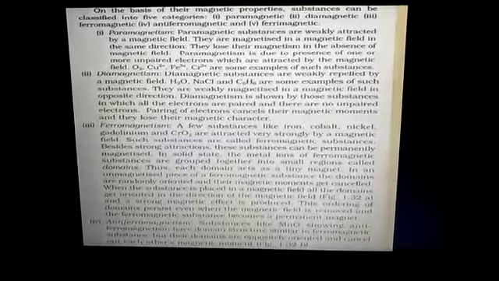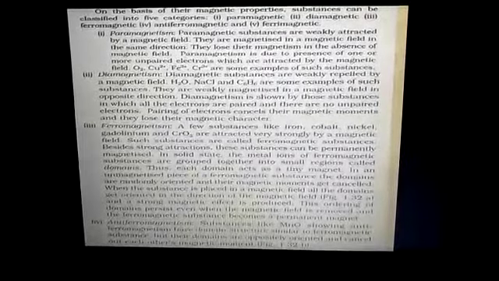The reason for such magnetic behavior is that in the solid state, the metal ions of these substances are grouped together into small regions called domains. Each domain acts as a tiny magnet having a definite magnetic moment.